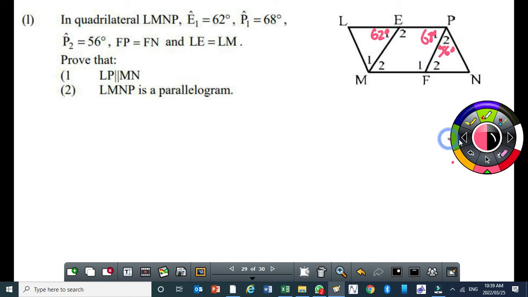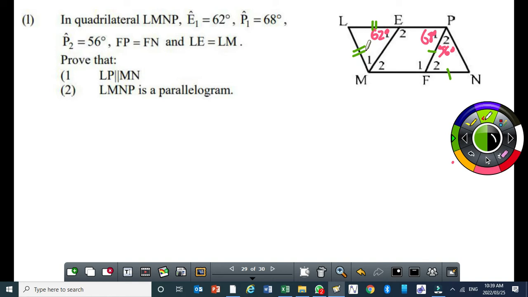That's very important information. Then LE is equal to LM. So that's what we got.